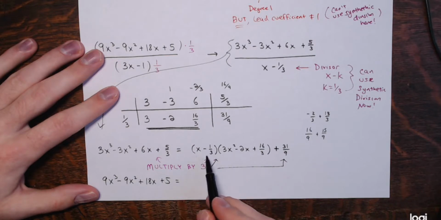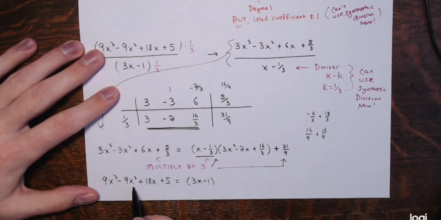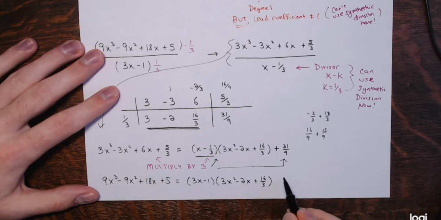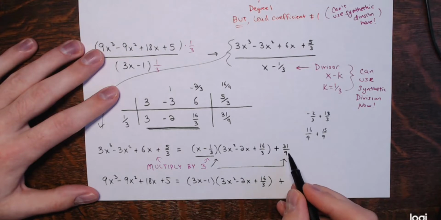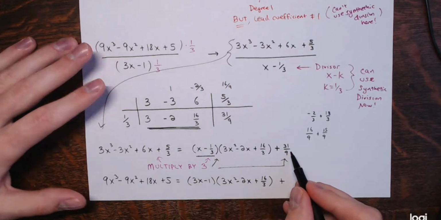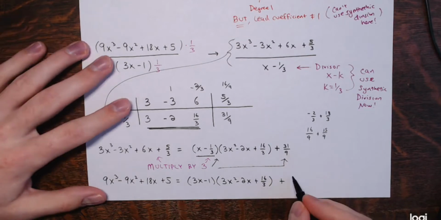I'm going to pick this factor here, multiply that by 3, it'll be 3x minus 1. There's your original divisor. So I have the original dividend, the original divisor, and then the quotient would be 3x squared minus 2x plus 16/3, and then plus, and then this is another term over here. Every term is a product. 31/9 times 3 will be 31/3.